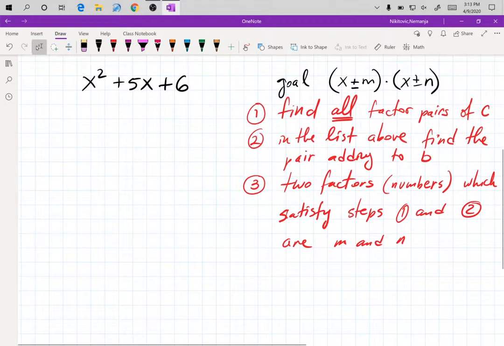So that's the procedure. It looks like a lot when you have these letters, but in reality it's a joke.